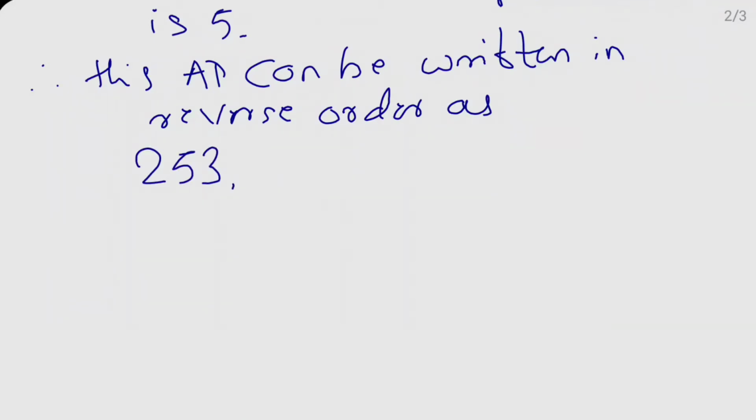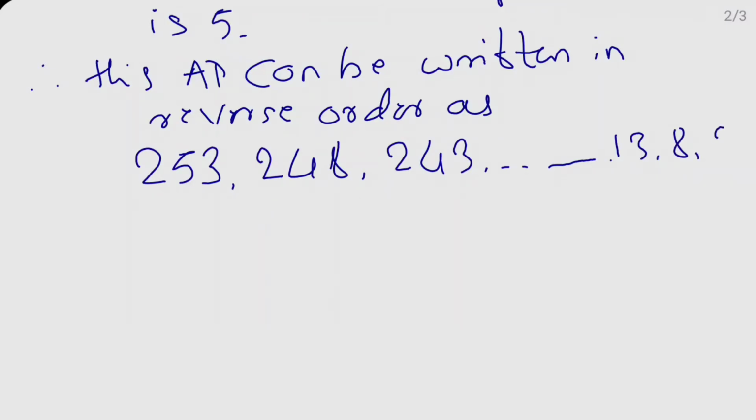So here the common difference is 5, so subtract 5, we got 248. Next minus 5, we got 243, and so on up to 13, 8, 3, right? So it is in reverse order. So now we can find out the 20th term.